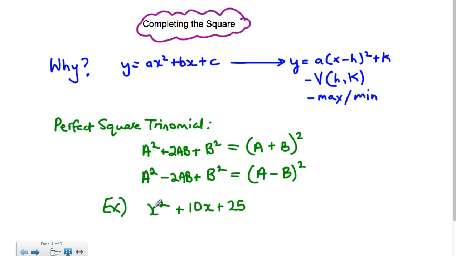This is a perfect square trinomial because the first term is a perfect square, the last term is a perfect square, and the middle term is 2 times the square root of the last term times the square root of the first. Square root of 25 is 5, square root of 1 is 1, and 5 times 2 is going to give us this 10. So this would factor into (x plus 5) squared. Okay, so that's the key to how we're going to get from standard form to vertex form.